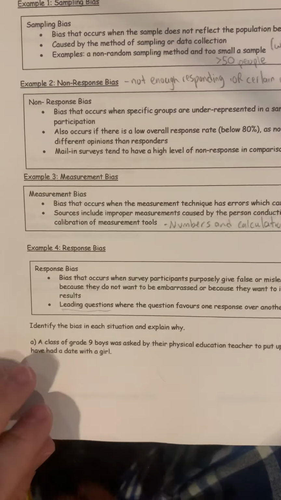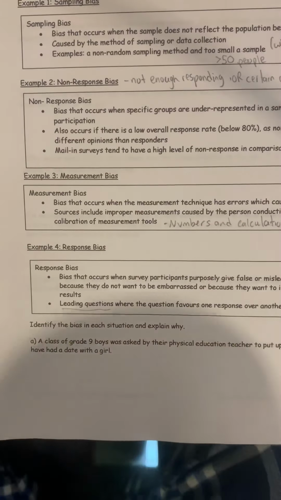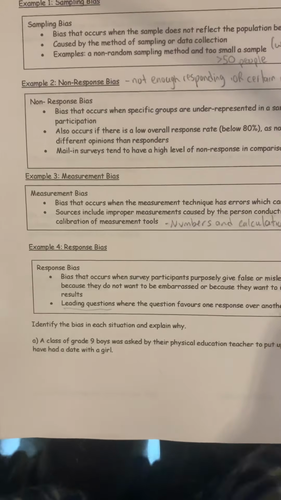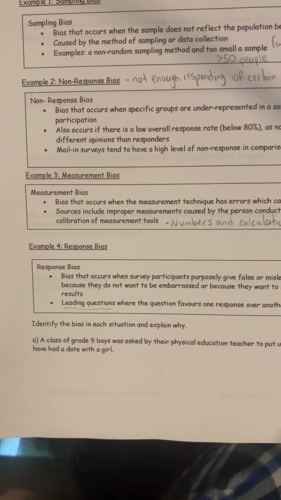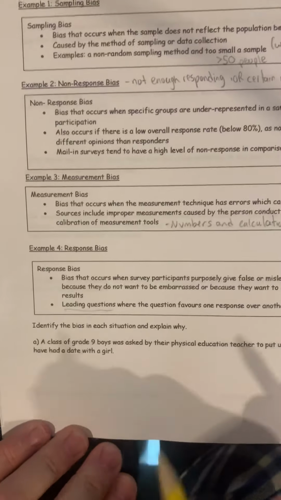Identify the bias in each situation and explain why. The first one: a class of grade 9 boys was asked by their physical education teacher to put up their hands if they have had a date with a girl. This would be a response bias.